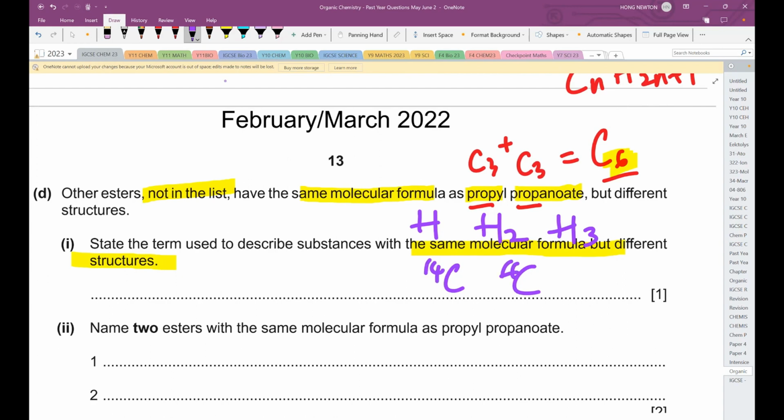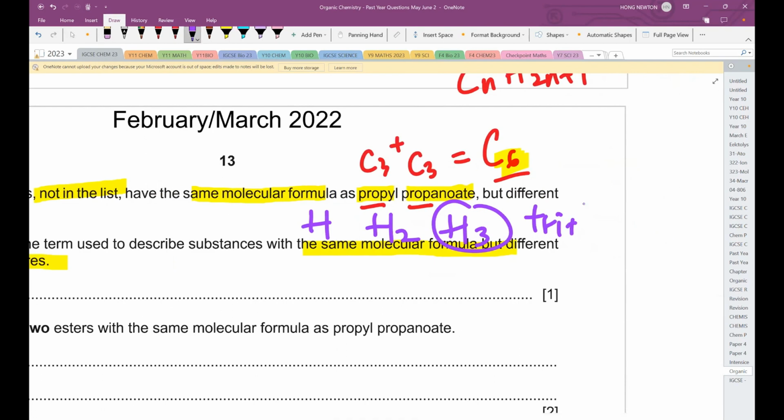You know when Japan released the Fukushima nuclear plant wastewater? This is the tritium, which is hydrogen 3. The tritium was released into the seawater. So tritium is actually the H3. H1 is the hydrogen ion, H2 is hydrogen gas. They are still hydrogen.